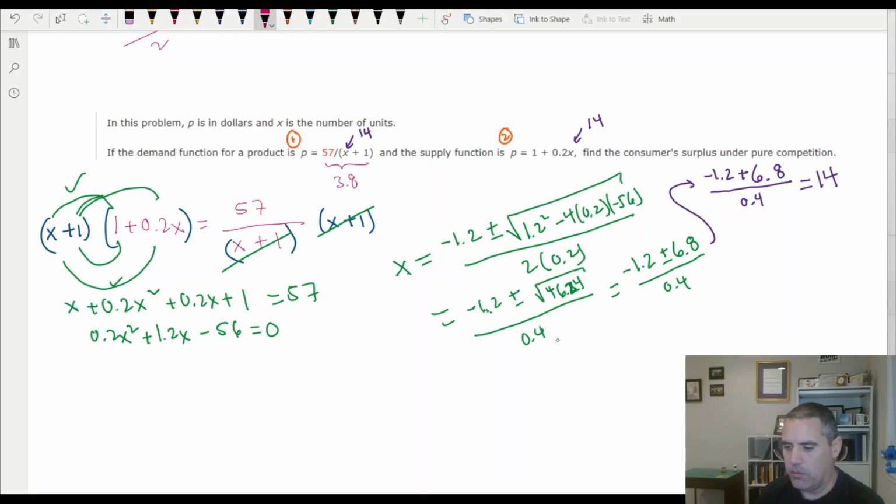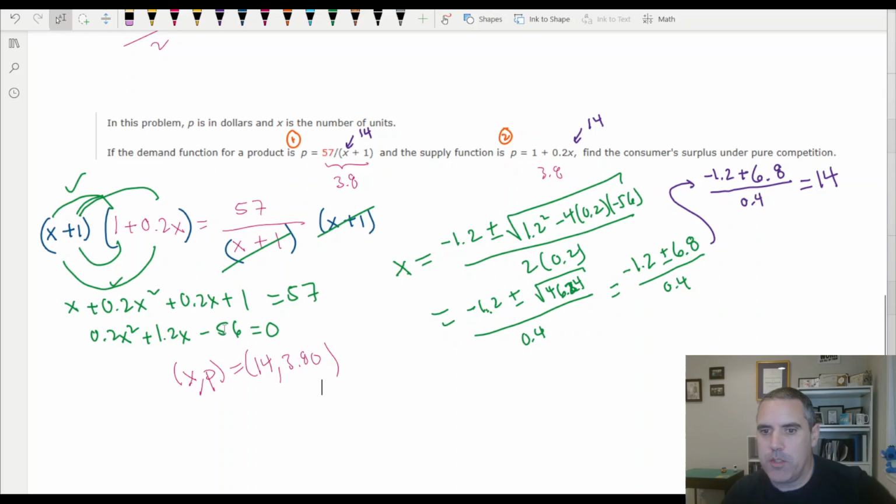And then this one, 1 plus 0.2 times 14 comes out to be 3.8. It is really satisfying to check your work and have it come out right. So market equilibrium for this problem, x and p: x is 14, p is $3.80, or we can just say 3.8. So that's the market equilibrium step. I just wanted to review that.